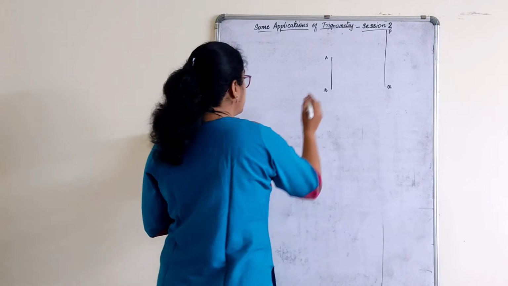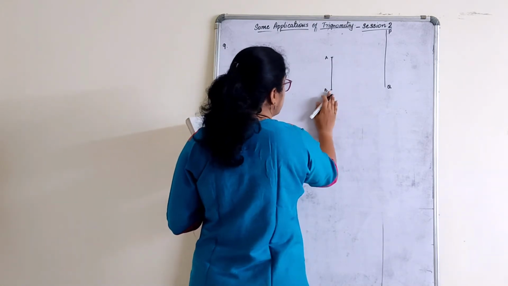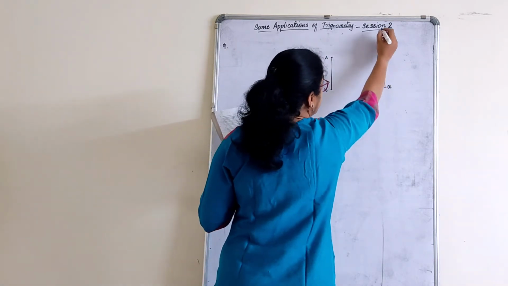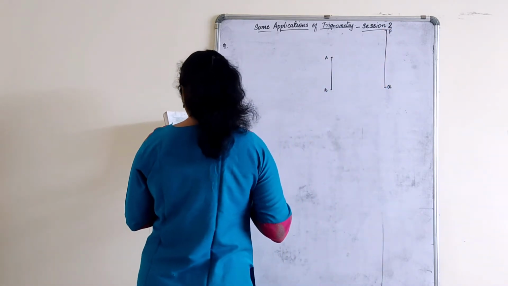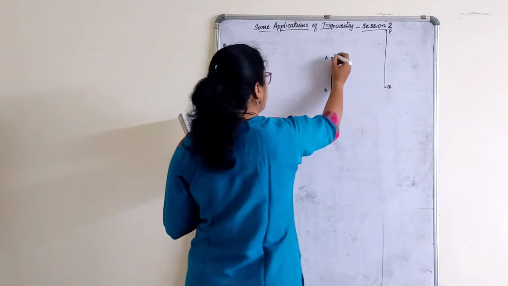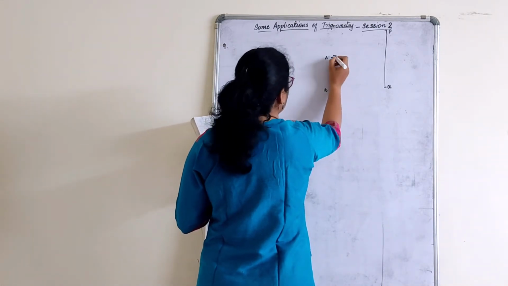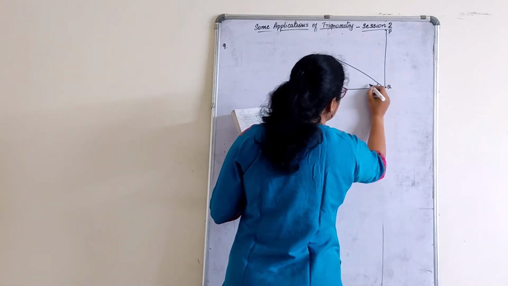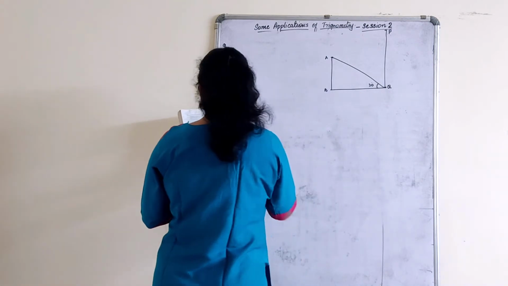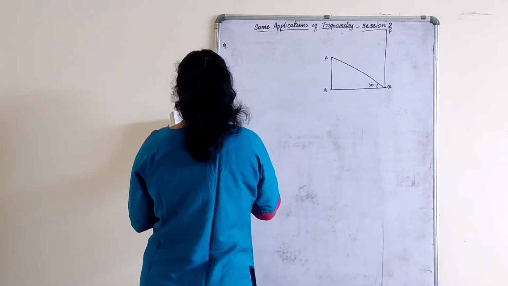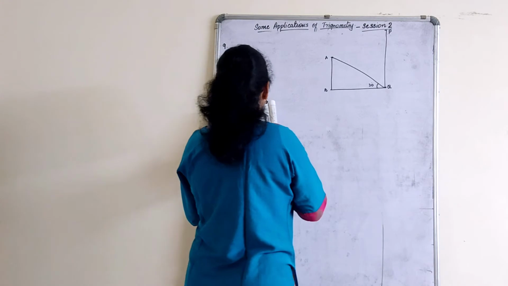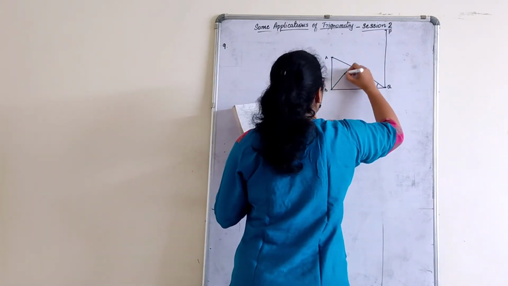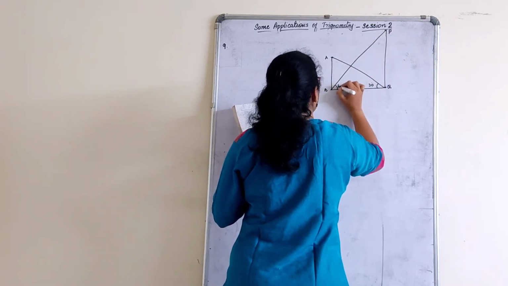The angle of elevation. So this is the top, this is the foot of the building, top of the building. Foot of the tower, top of the tower. The angle of elevation of the top of the building from the foot of the tower is 30 degrees, and the angle of elevation of the top of the tower from the foot of the building is 60 degrees.